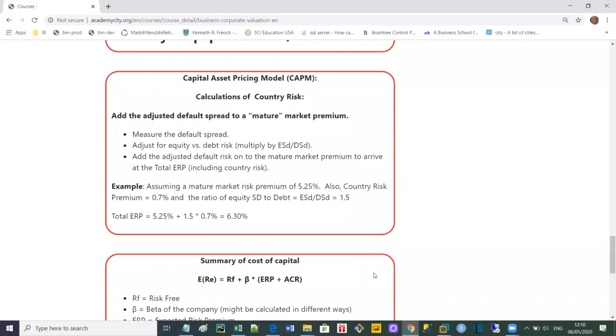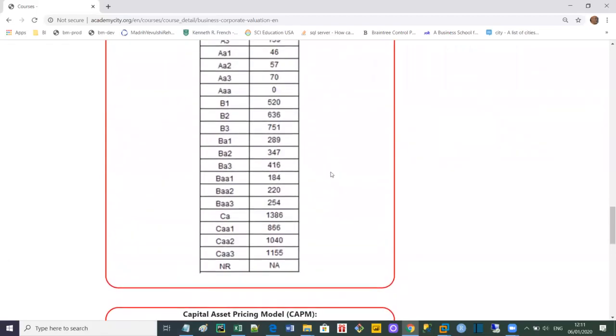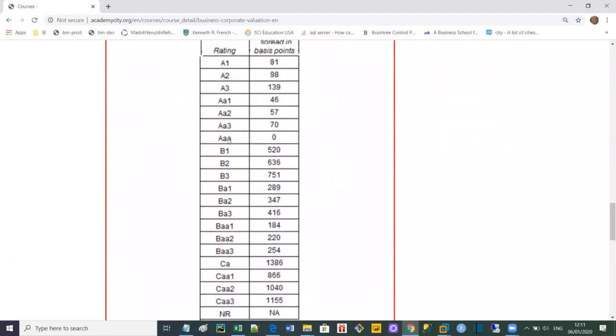Let's say I have a country in which the rating calls for 0.7% as a spread. Let's say I get this from this table. So I'm investing in a country in which the country rating is AA3, and that calls for 70 basis points, which is 0.7%.